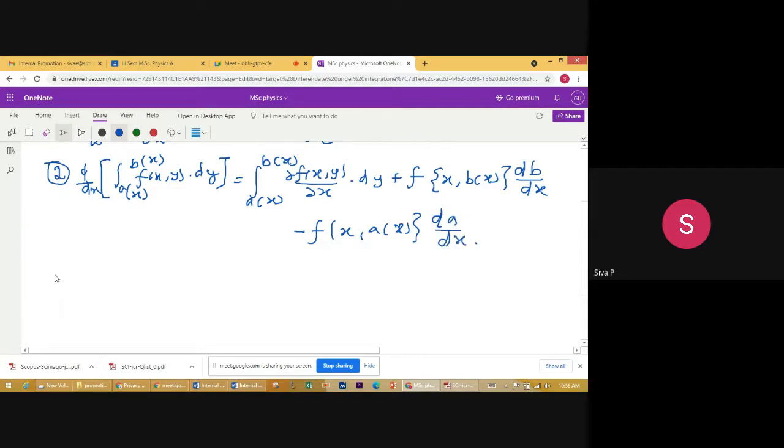There are two formulas. So based on this, we will solve a few problems.